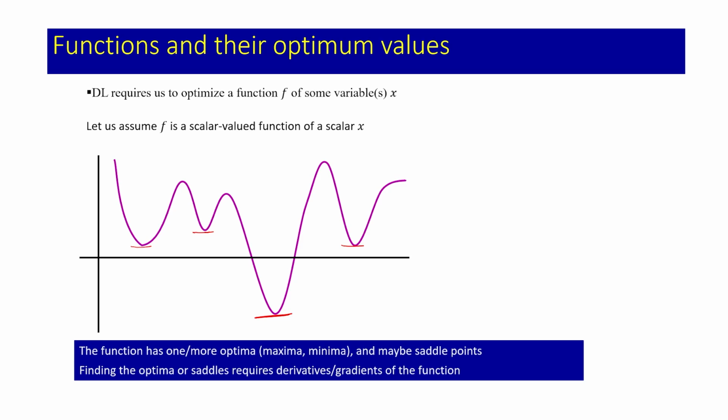Similarly, there are two local maxima here and then here, and there is one here, which is called the global maxima. So, these functions mostly have one or more maxima, minima, or maybe even saddle points. We would like to find out the absolute minima, right, then only can you minimize the errors.